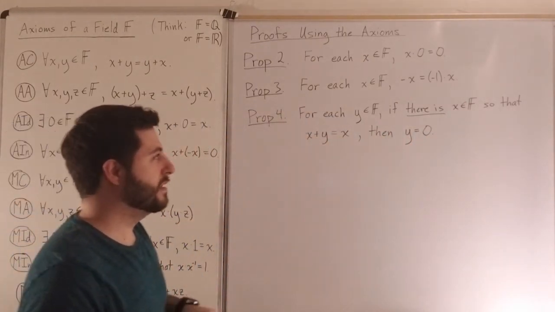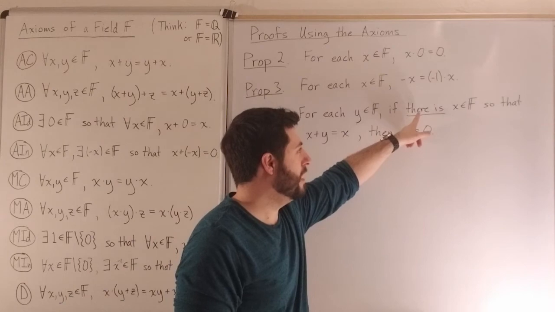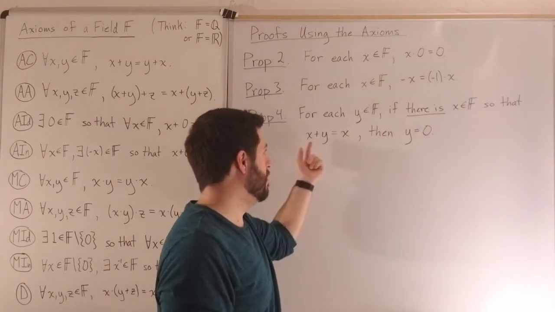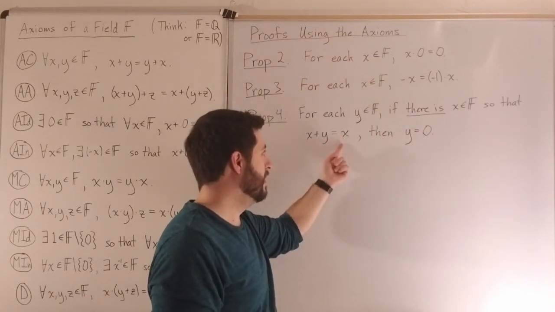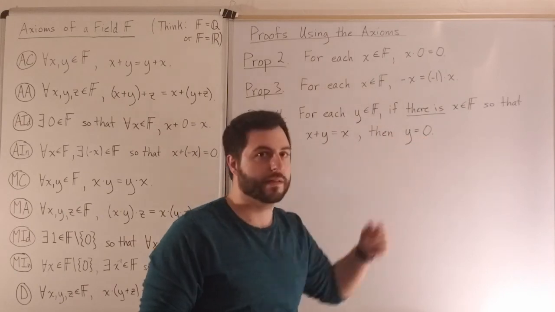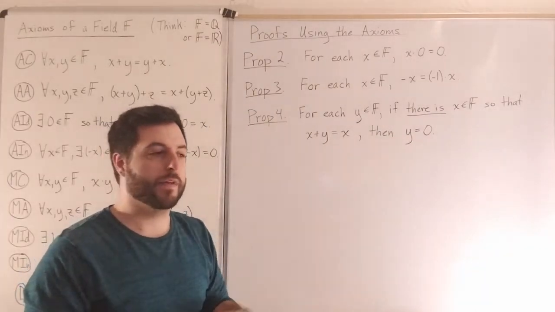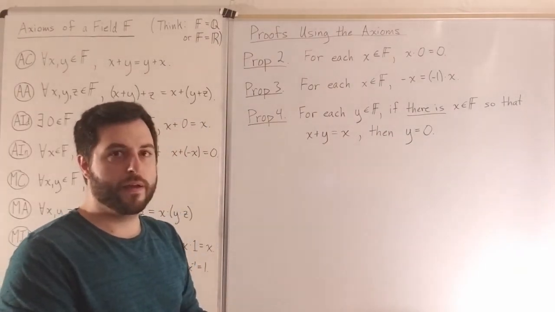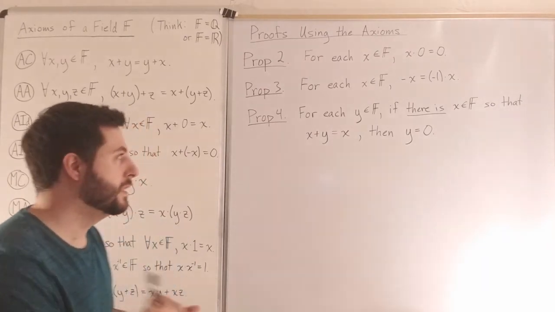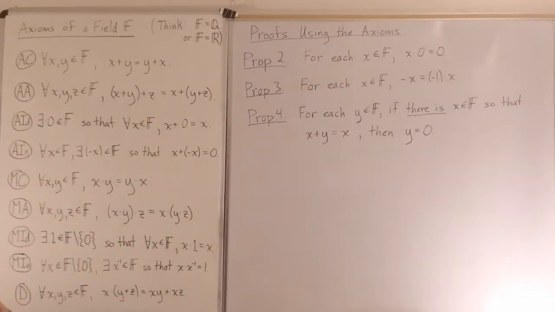So in other words, if you have some element y that looks like 0 for every element x, then y must be equal to 0. There is only one 0. So if you have another one that looks like 0 prime, then 0 prime is actually equal to 0. So that's proposition 1 that we already showed.